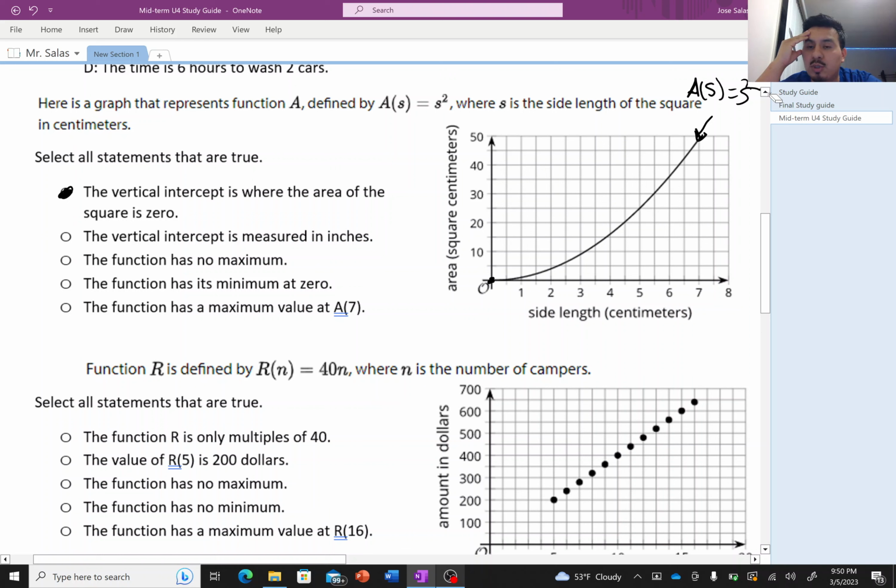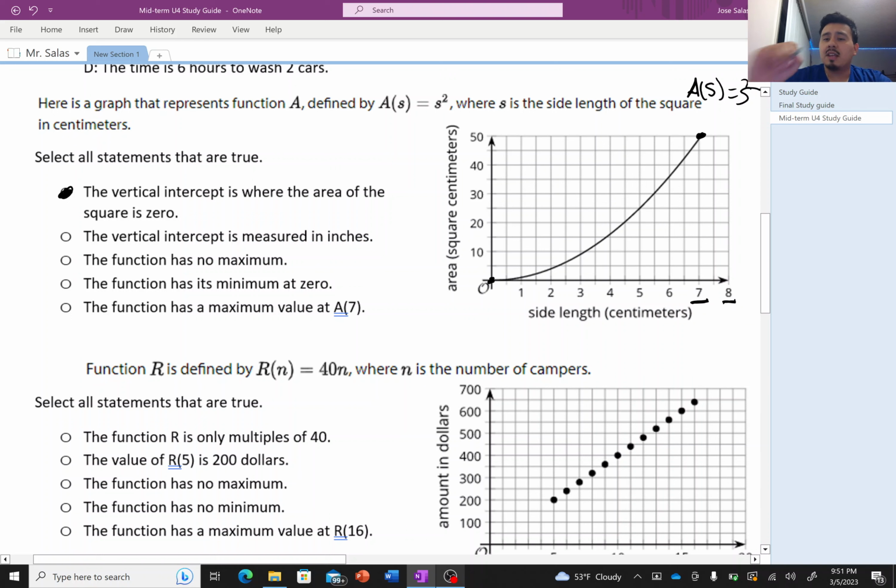This one can be a little bit tricky. You have to think about this. I think it might be helpful if you use a calculator. The maximum is the highest value. According to our graph, this is where our graph ends. However, that is not completely true. It only ends because our values only go up to 7 and 8.